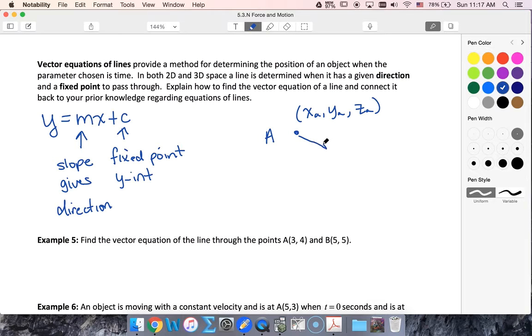I'm going to call this direction vector B. So that means any new point on the line I can find by starting with A and then going in any direction, going in the B direction. So I could go this way, or I could go in the negative B direction to define any point on this line. Let me put in the line underneath here.